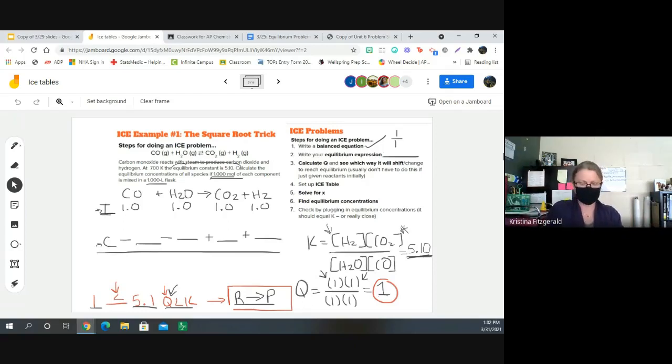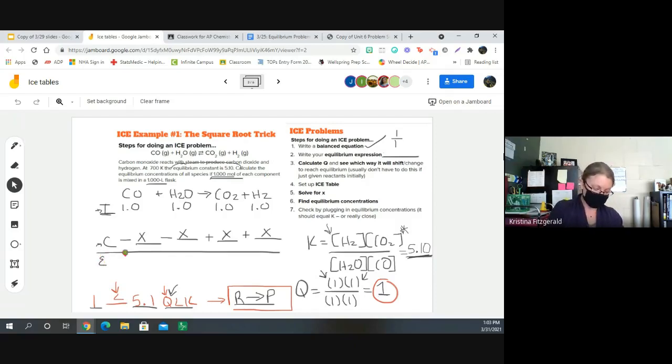That's what I'm trying to find. So this is where the algebra comes in. We're going to put X's in for the stuff we don't know. Those are the change in concentration for each of the things. And then here's where I arrive at equilibrium.